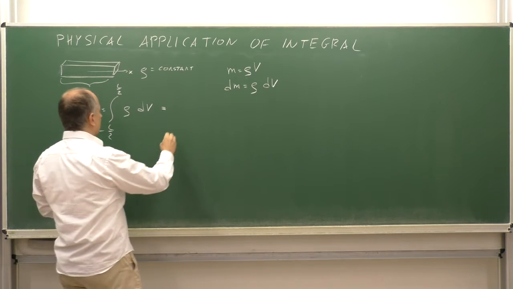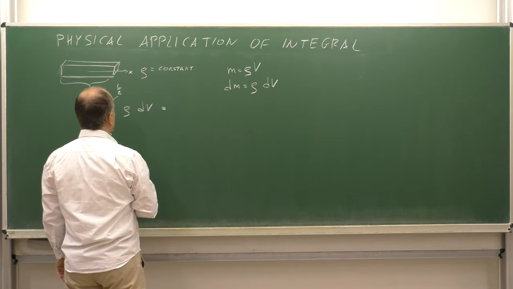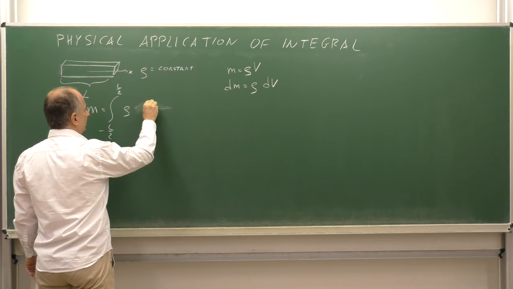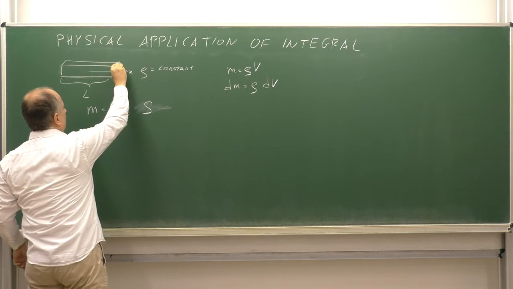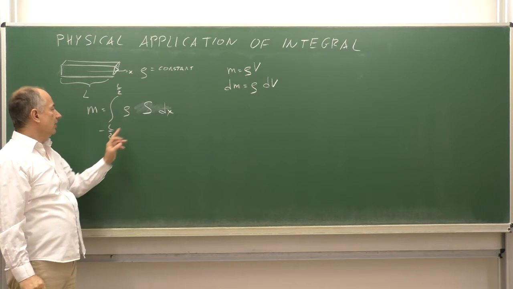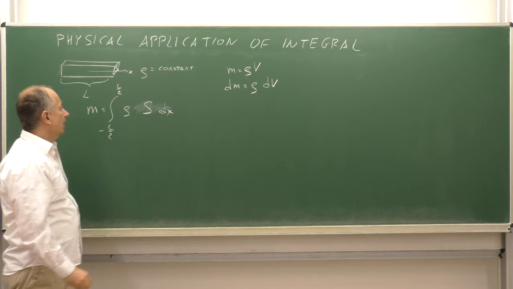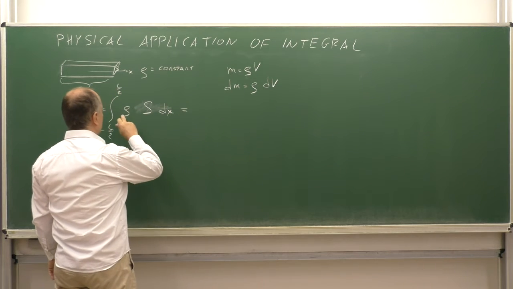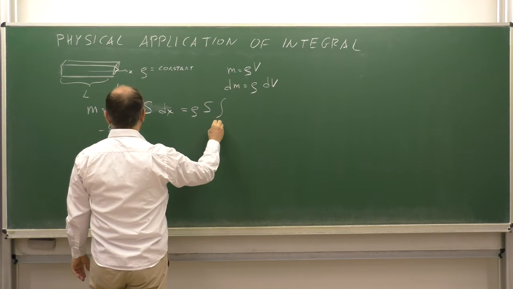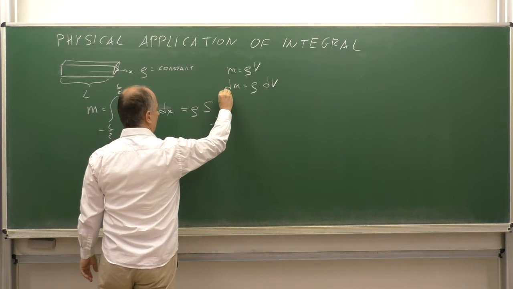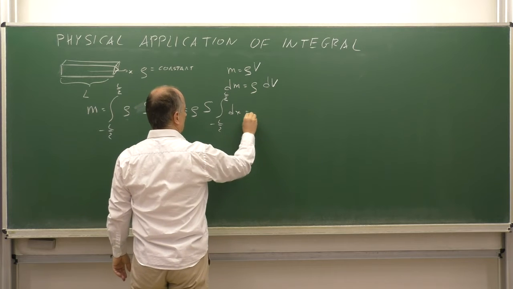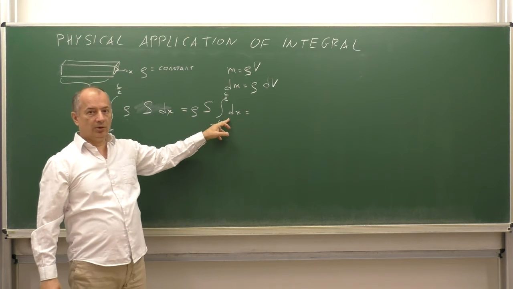If rho is constant, dV can be written as the surface of this side, S, times dx, and then x runs from minus L half to L half. For constant rho, we can factor out rho and S, and we have the integral from minus L half to L half of 1 dx, which is x.